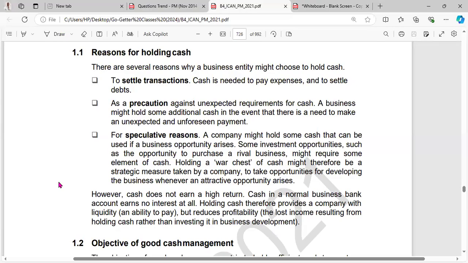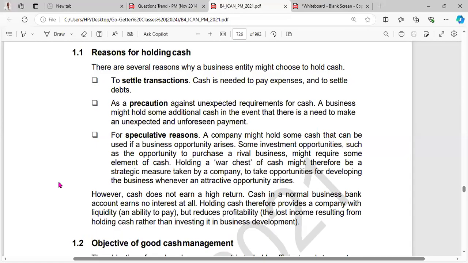And so holding cash, of course, provides the company with liquidity, which is the ability to pay or settle transactions, but it reduces your profitability because of income lost from holding the cash rather than investing it in business development.